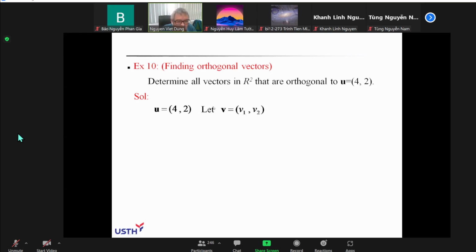And u and v orthogonal to each other means that the dot product of u, v equals 0. But u dot v equals that. You multiply them together: 4v1 plus 2v2 equals 0. Then you have to solve the equation. You get that one.